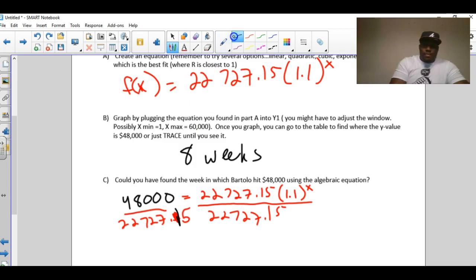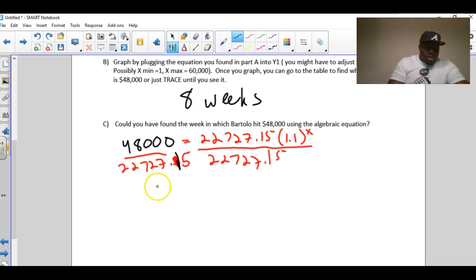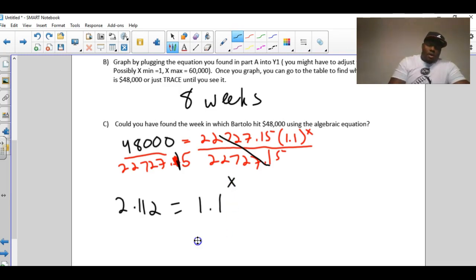Now, when I do that, that's going to give me 2.112. This cancels on this side, so what's left is 1.1 to the power of x. Now I've got to find my exponent. So how do I solve this here?